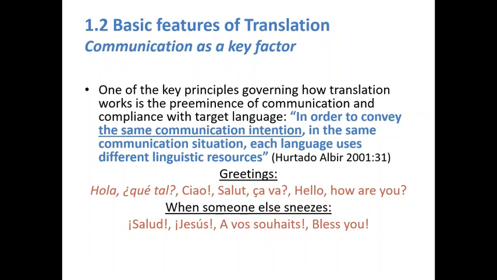The Indiana Jones character says Jesús in Spanish, and the translator unaccountably just imports the same linguistic means which are considered blasphemous in the source language and the source culture. By using the same Jesús in the target language, in the target culture, in this Iberian Spanish or European Spanish, the translation of the whole scene becomes ridiculous, because no one would slap an individual in the face for saying Jesús.